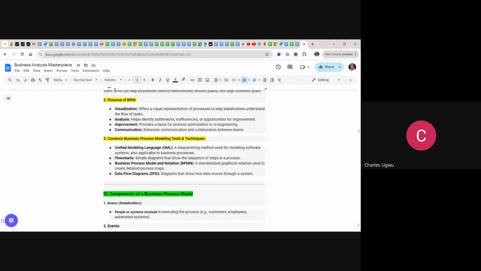Many business analysts need to understand the data flow diagram, because when you are planning a project like data migration, you must understand the flow of data between systems.